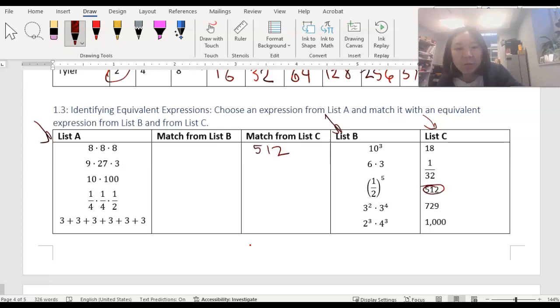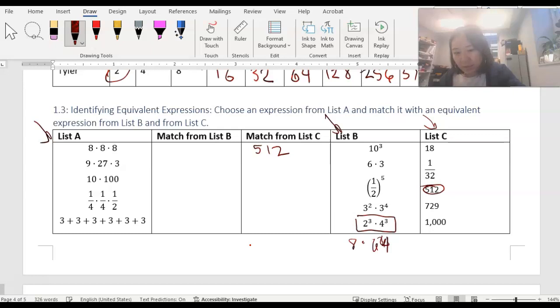And then for my other ones here, I'm looking at what else would I get the same thing from. So here, this would be 2 times 2 times 2 is 8. And then 4 cubed is 4 times 4 times 4, which is 64.